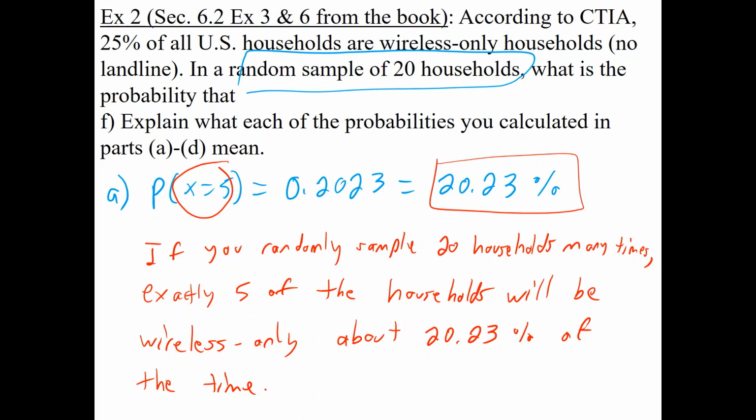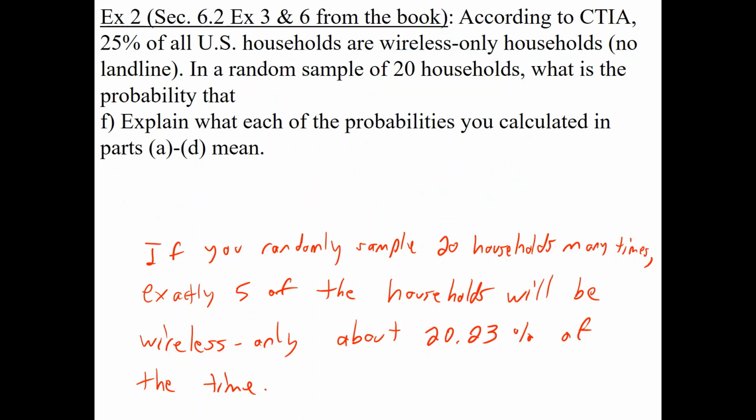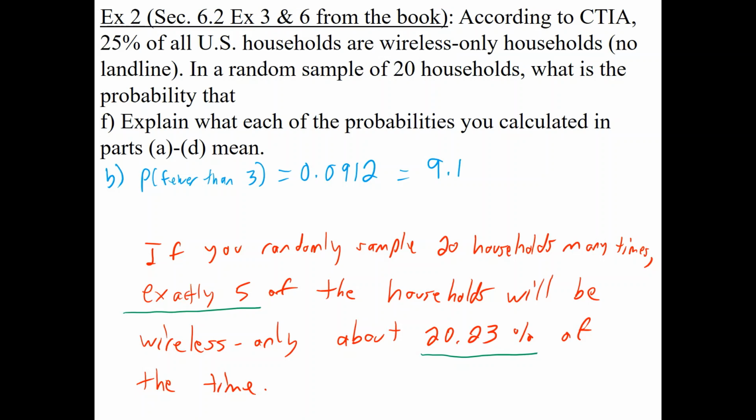Okay, what about for part B? A lot of this is going to stay the same in parts B, C and D. Let me go ahead and just underline the parts that are going to change. So this exactly 5 had to do with the event, and this probability had to do with what the probability was. So those things are going to change. Part B asks you to find the probability of fewer than 3 wireless households. And the answer was 0.0912, which if you write as a percent is 9.12%.